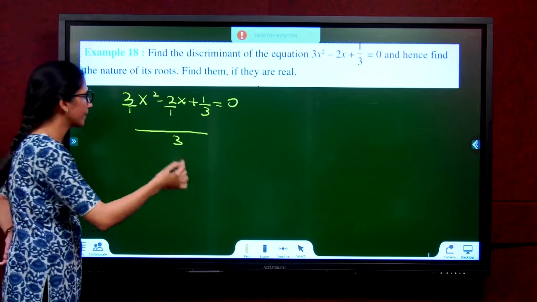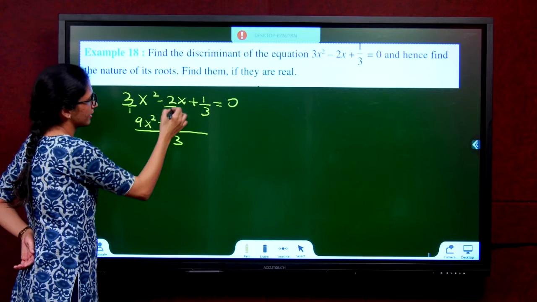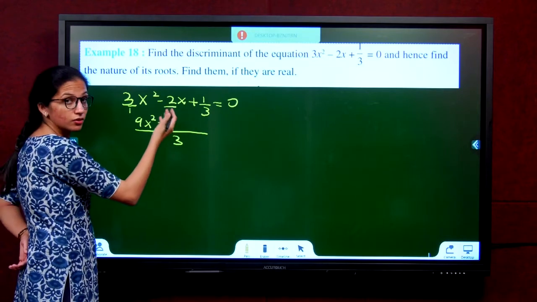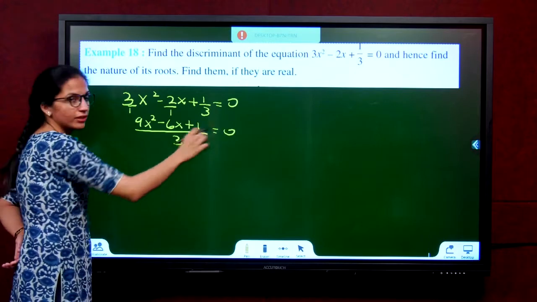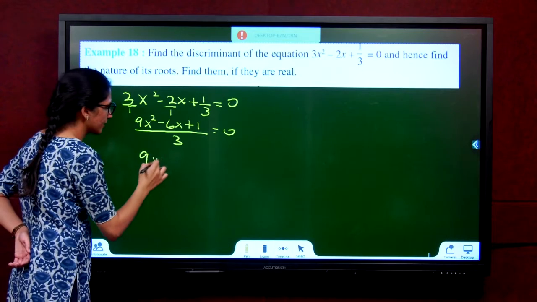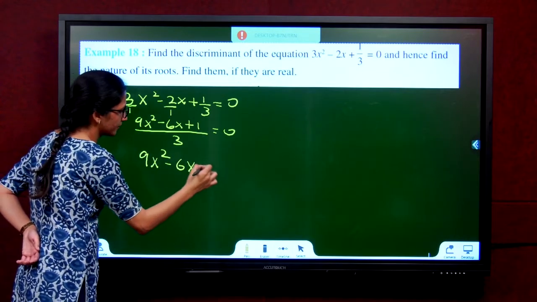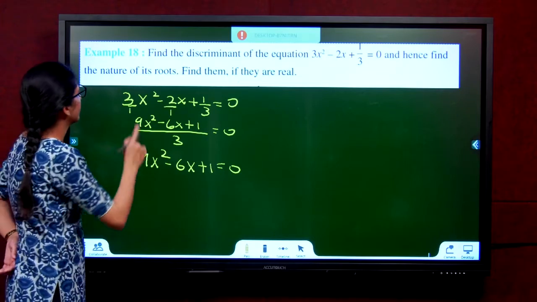So, LCM is 3. So, 3 3s are 9. 9x square minus 2 into 3 into x, 2 3s are 6x plus 1 equals 0. If 3 goes to the side, 0 into 3 is 0. It vanishes. 9x square minus 6x plus 1 equals 0 is my standard quadratic equation.